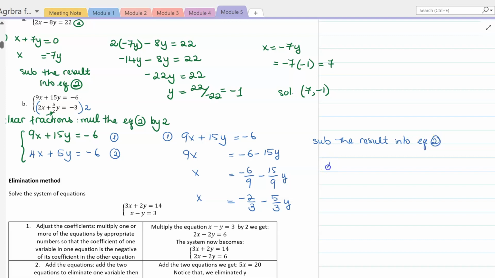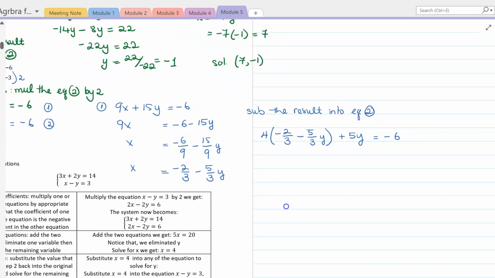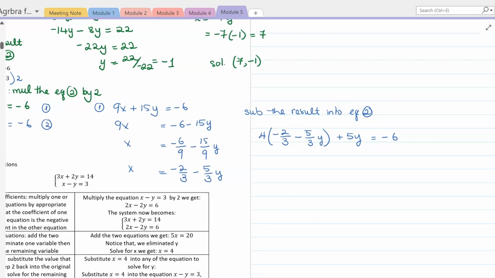So now I get 4 times negative 2 over 3 minus 5 over 3 y, plus 5y, equals negative 6. I will distribute the 4. So negative 8 over 3 minus 20 over 3 y plus 5y equals negative 6.